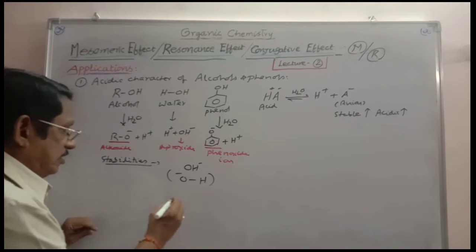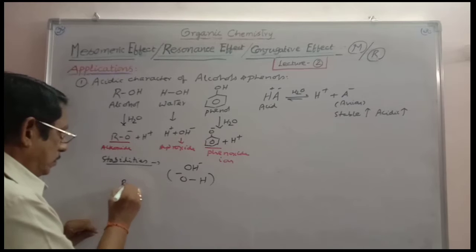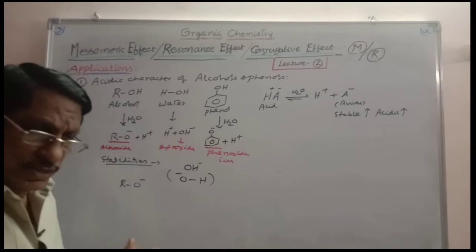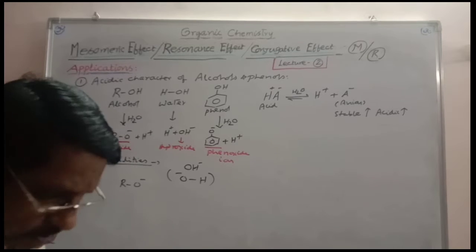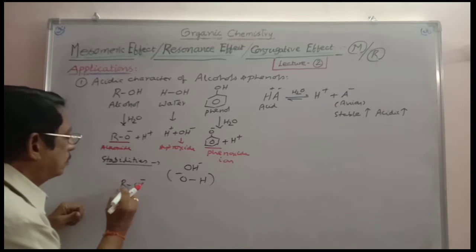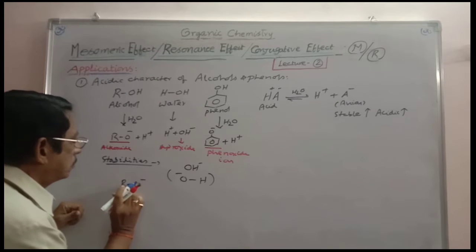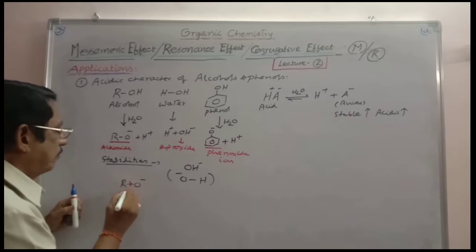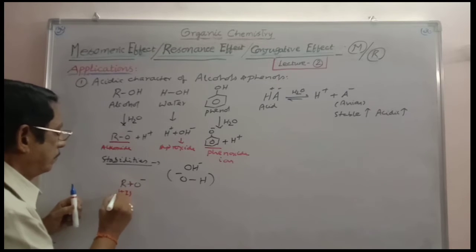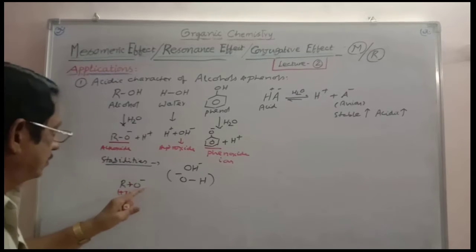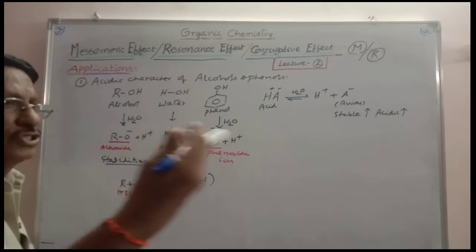Now let us take RO minus. Every alkyl group has an electron releasing character, as a result of which this R pushes the electron cloud through the plus inductive effect. As a result, the electron density at the oxygen is increased.